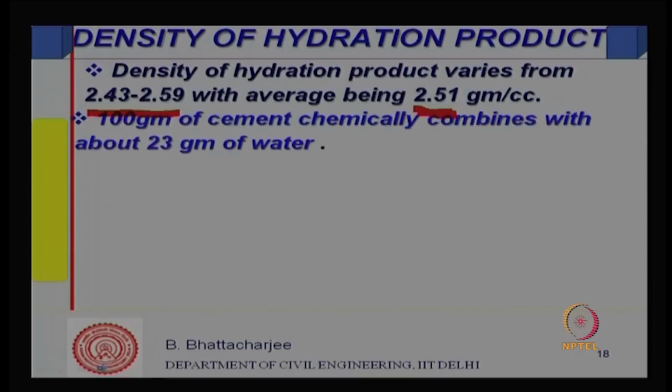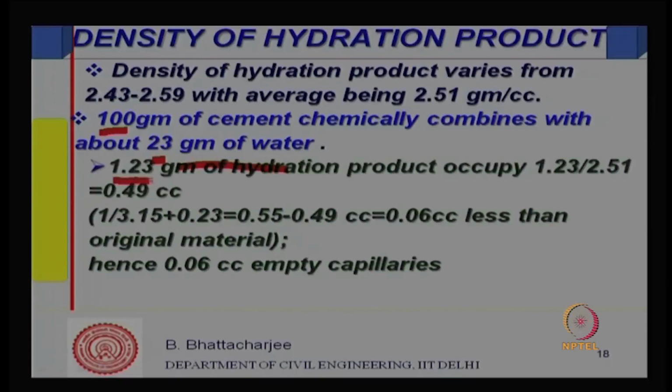So, 100 grams of cement therefore chemically reacts with 23 grams of water, 1 gram with 0.23, and would produce 1.23 grams of hydration product, which can occupy 1.23 divided by 2.51, 0.49 cc, because this is grams per cc. So, the solid product of hydration will occupy 0.49 cc, right.